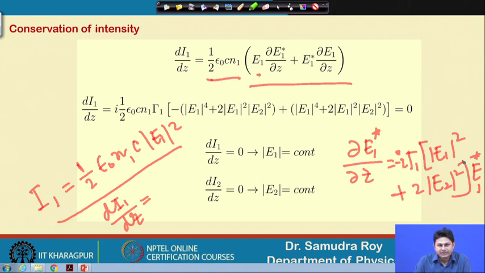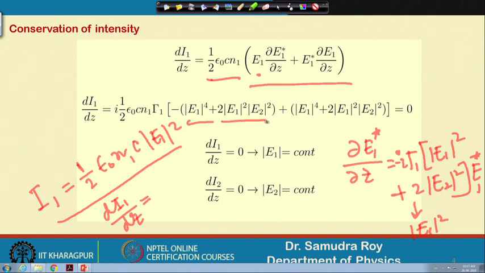And now, if I multiply the entire thing with E1, this E1 star E1 will give rise to another term, mod of E1 square. Then we will have mod of E1 to the power 4, because this will be multiplied by this term and these things will be multiplied by this term. So, we will have another 2 mod E1 square mod E2 square.